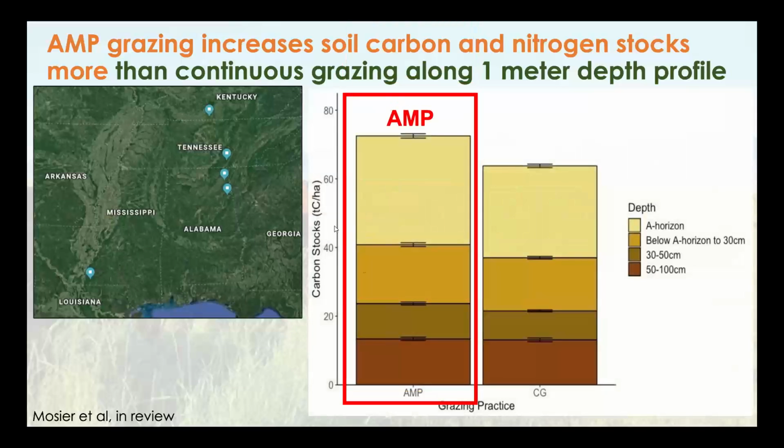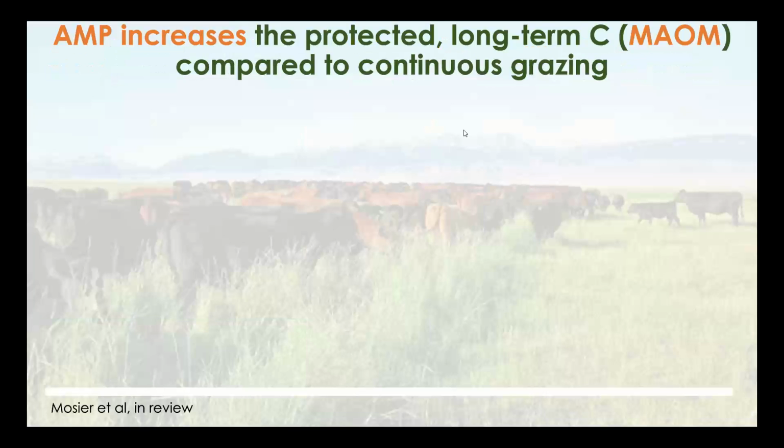And what they found is that in general, the AMP system did have increased carbon stocks over time than the continuous grazing system. So that kind of follows the previous results of the previous studies that showed this increase in soil carbon stocks with more management-intensive grazing strategies.